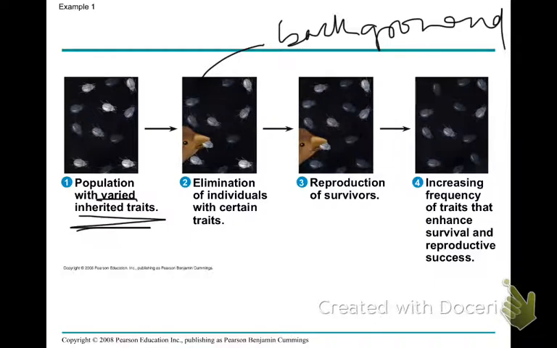And so the individuals with certain traits get eliminated because they get spotted and eaten, they can't escape, and the survivors reproduce and have babies with their qualities, which means more and more of the individuals in the population will have the darker shades.